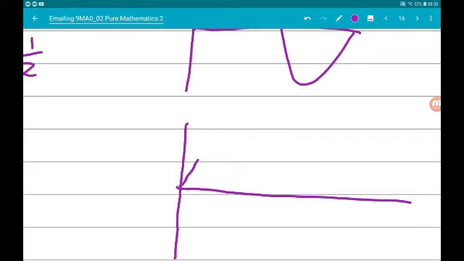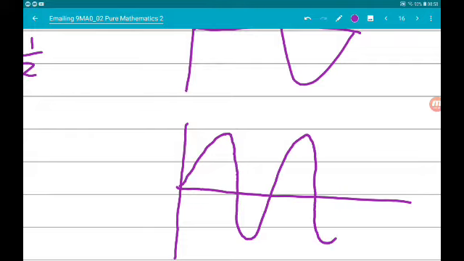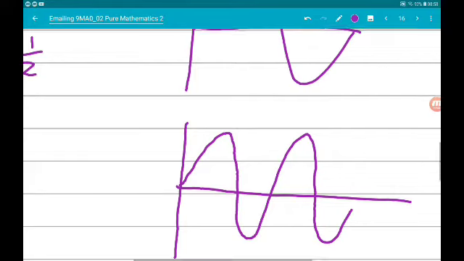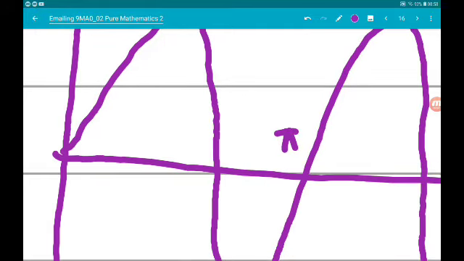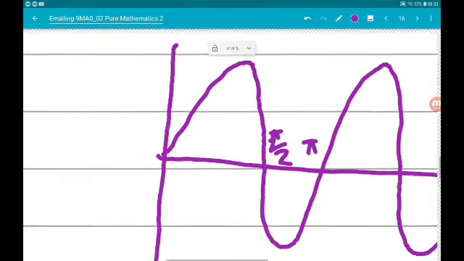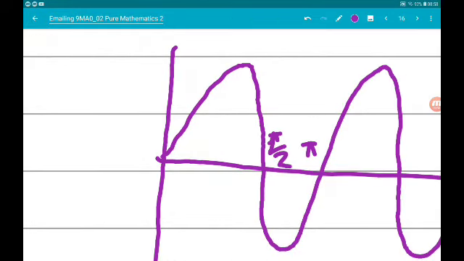So sine of 2x looks like that. So this would now be pi. This would now be pi over 2. So we can see in our interval x between 0 and pi over 2, we are going to get 2 solutions.